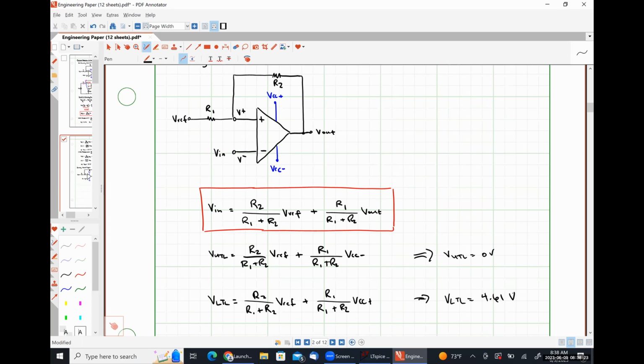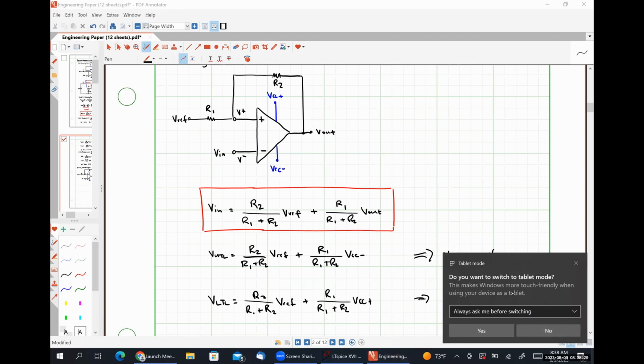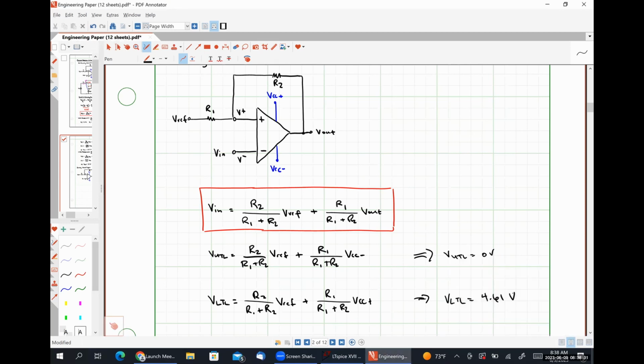All righty, so the last circuit that we're going to look at is what's called an astable multivibrator circuit. There are multiple different ways to implement this circuit. We are going to be looking at the op-amp configuration since we're dealing with op-amp circuits.